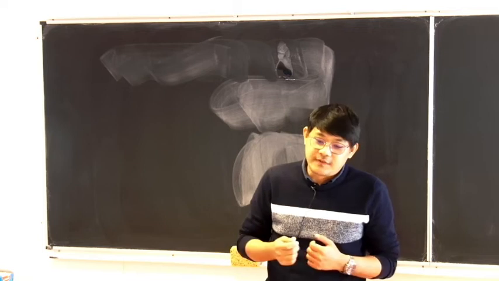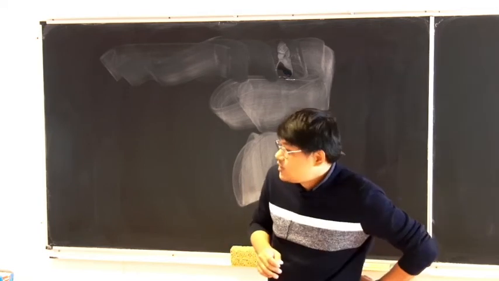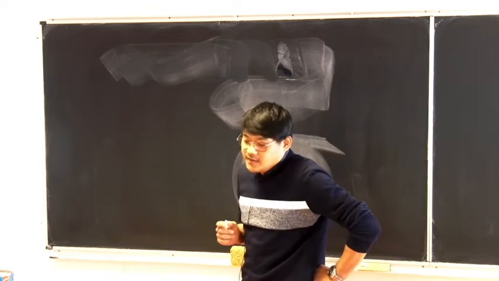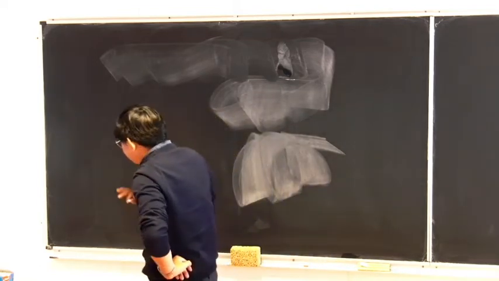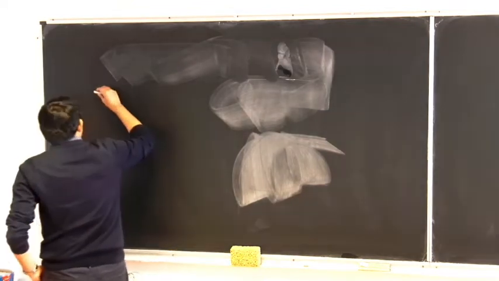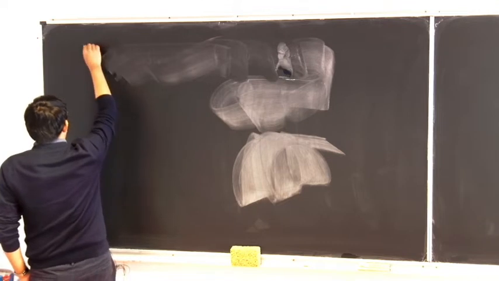But since we have this definition on the second day, I revised my lecture a little, and I think it's not bad to include it. So let's start from the comparison triangle.